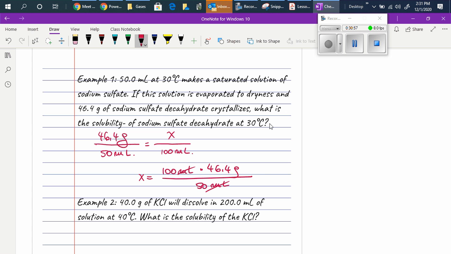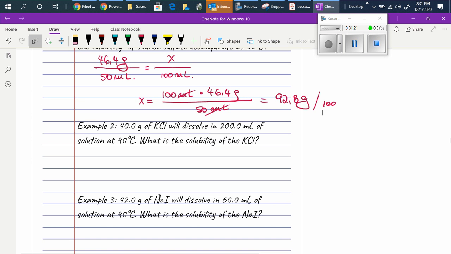So milliliters and milliliters cancel out, and then you will have 92.8 grams of sodium sulfate decahydrate in 100 grams of water, which is the same as saying 100 milliliters.